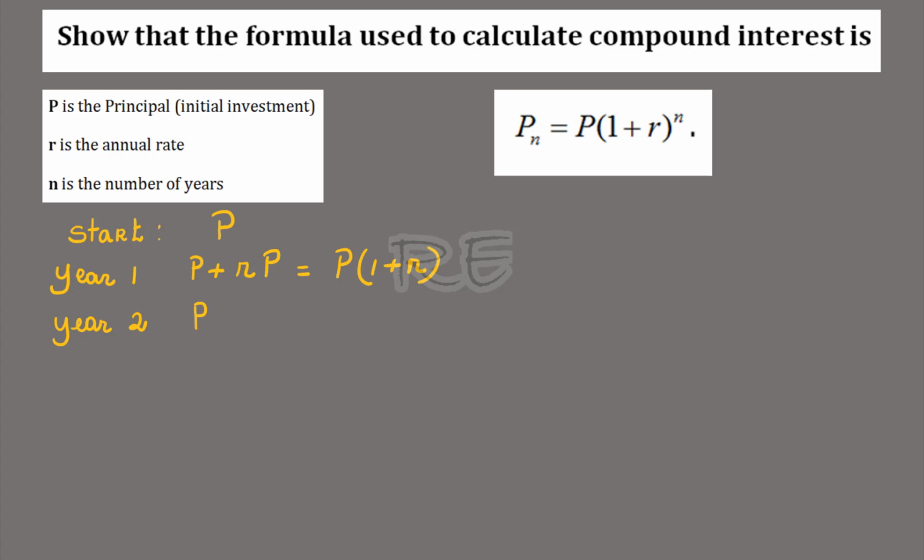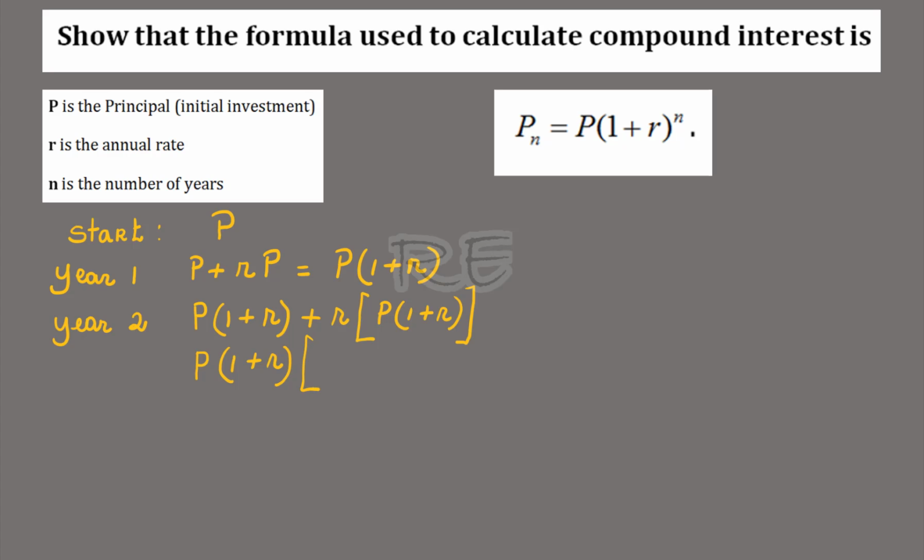After the second year, P times 1 plus R is our deposit, and we'll get interest on P times 1 plus R. So the interest is R times P times 1 plus R, and P times 1 plus R is our greatest common factor.